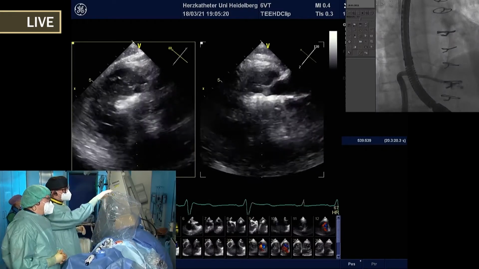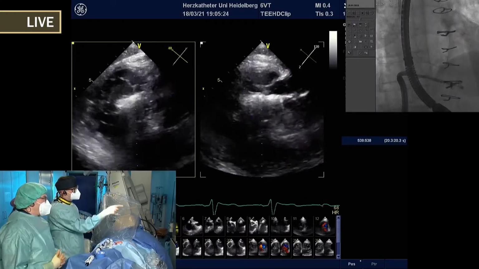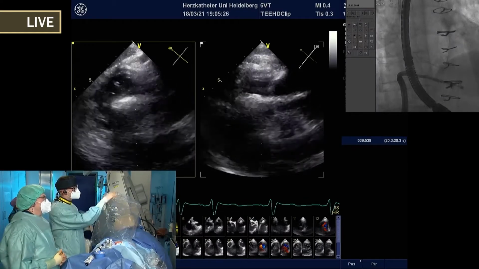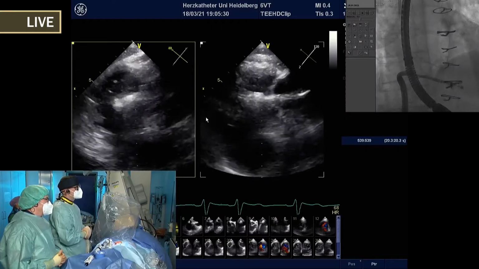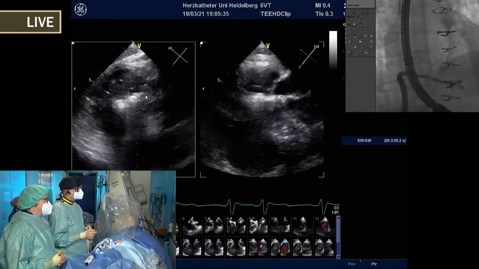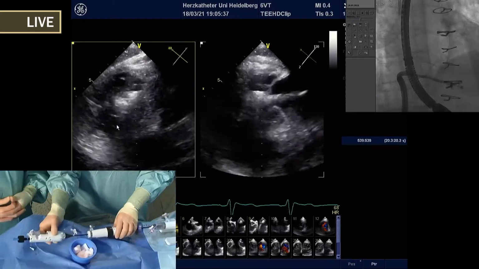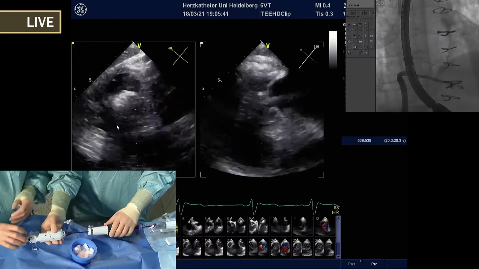So you can see now a transgastric short axis view. The anterior leaflet is on the bottom, the septal leaflet and the posterior leaflet, and we are almost in between the anterior and the septal leaflet. So we can turn the device a little bit counterclockwise maybe to get a better position.